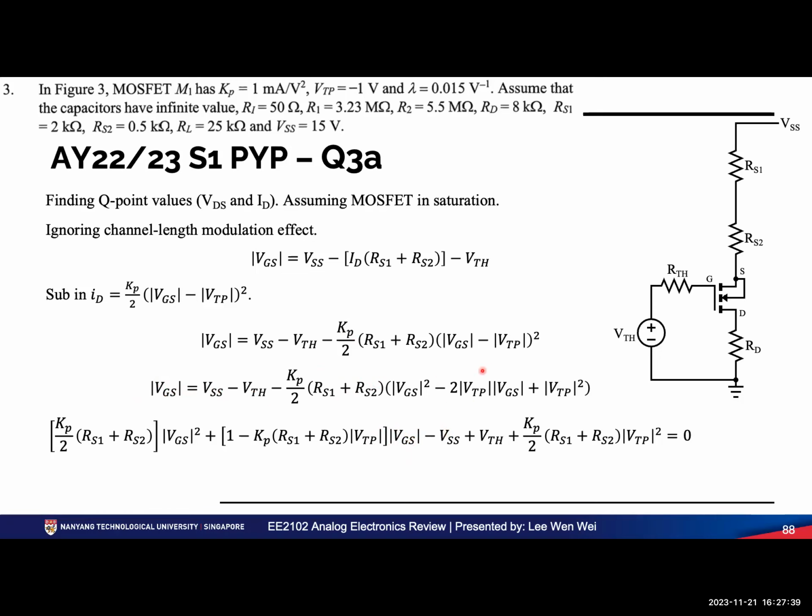Correct or not? Because here there is a VGS term, and this 2 VTP times this one, so the 2 can cancel out from here. VTP times this one, and then RS1 plus RS2, then VGS is here. Like that, that's all. For my working, sometimes you don't do it this way, but in the end, you should get the same answer. You understand what I mean?